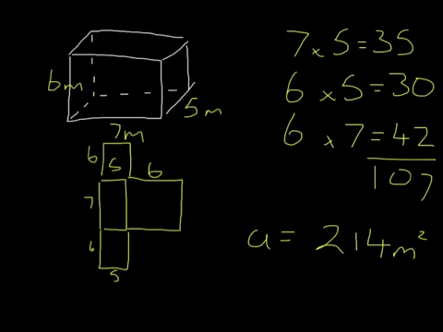If I go from the base to the front, now I'm at the top, which is another 5 by 7, because this is this top thing, 7 by 5, and then again I have the 6 by 7, which is the back of the shape. So all I've done here, 7 by 5 is this one, 6 by 5 is this, and 7 by 6 is this one. So it's these three. The other three shapes are exactly the same, so I can times by 2 to get 214 meters squared.